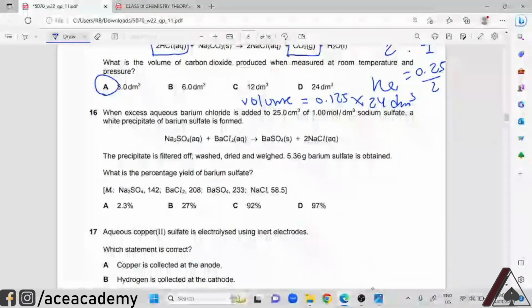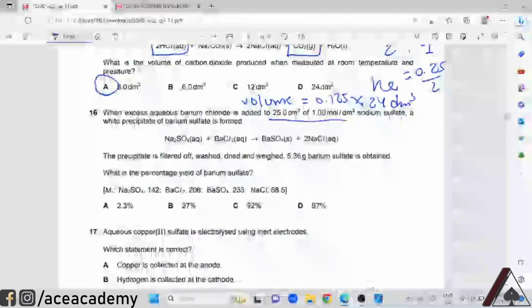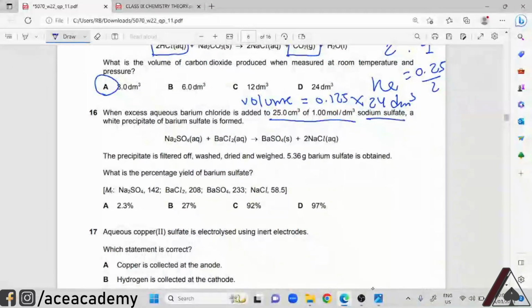Question number 16 says when excess aqueous barium chloride is added to 25 cm cube of 1 mole per dm cube sodium sulfate, a white precipitate of barium sulfate is formed. So sodium sulfate is added to barium chloride and we get barium sulfate and sodium chloride.